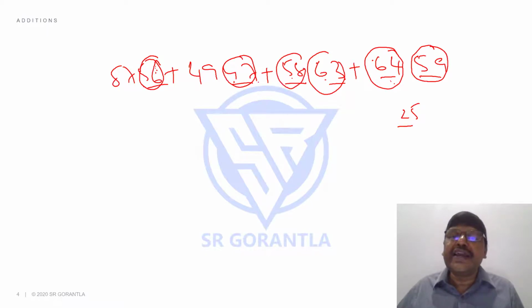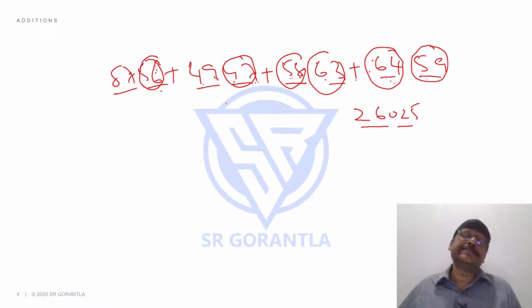What you are doing? First you are adding 8. 66 plus 8, 74 plus 50, 124. 124 plus 9, 133. 133 plus 40, 173. 173 plus 7, 180. 180 plus 80, 260. Let me check. I said 59, 122, 169, 225. 66, 124, 173, 260. That's it.